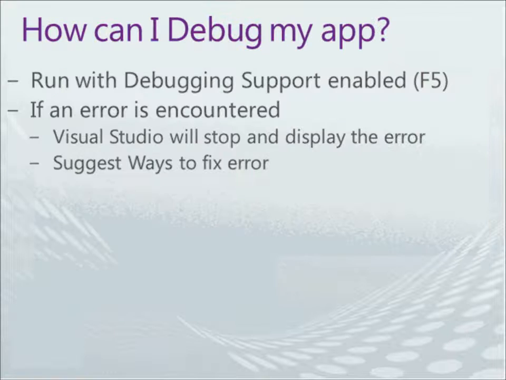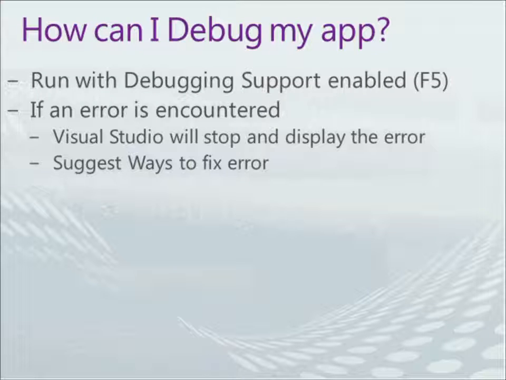So how do we debug applications? Well, it turns out when we're using Visual Studio, we have a great set of tools available to us. Visual Studio has debugging support built in whenever you press the F5 key to run your application. It automatically spins up a debugging processor that sits along the side of your application, and it monitors the state of your application, and it allows you to not only see what's going on inside the application, but also to take control of the application through the debugging process.